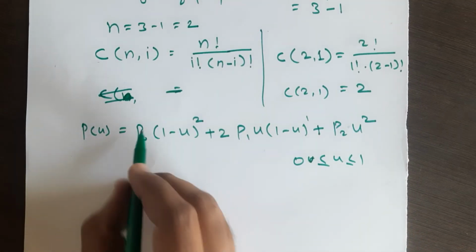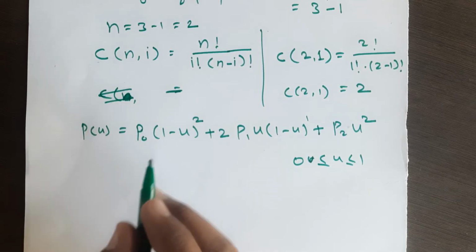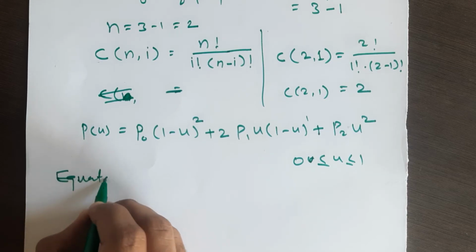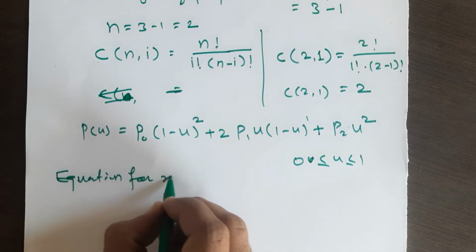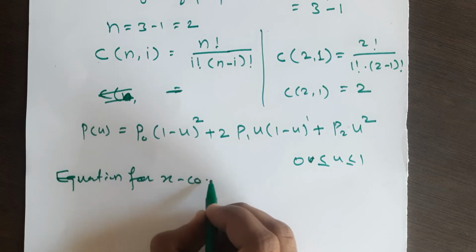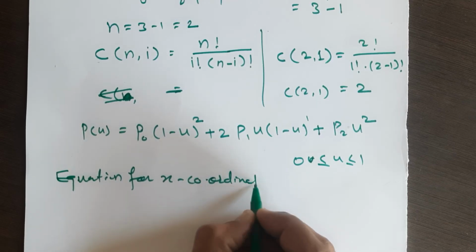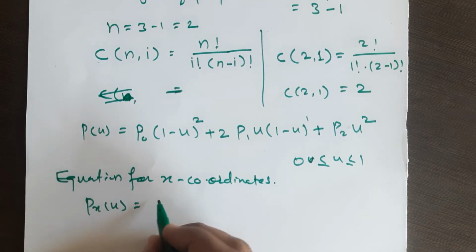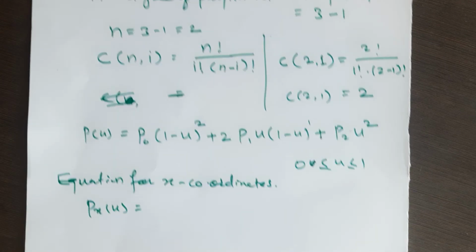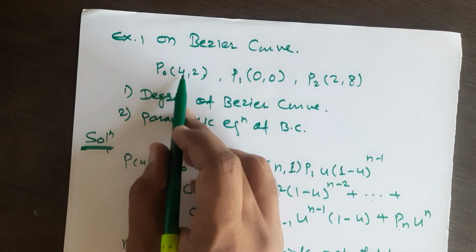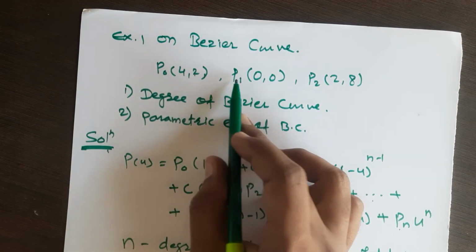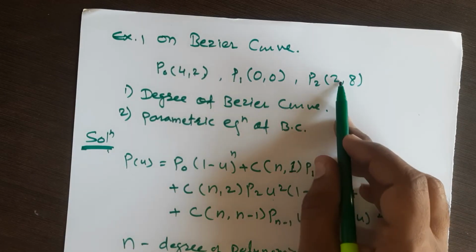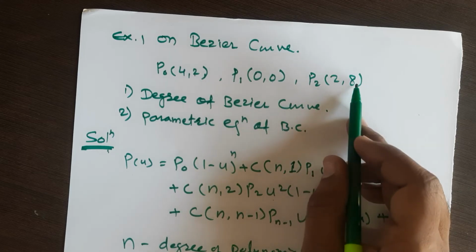Then if we convert this equation for x and y coordinates, so equation for x coordinates, okay, so it will become Px of u is equal to, now P0, now see here, P0x is 4, P0y is 2, P1x is 0, P1y is 0, and P2x is 2, P2y is 8.